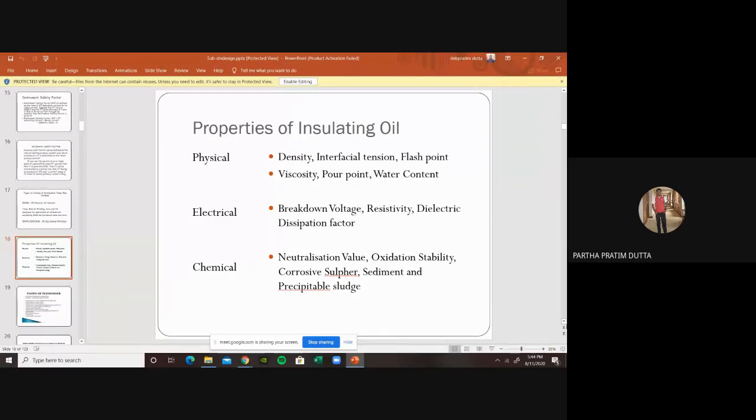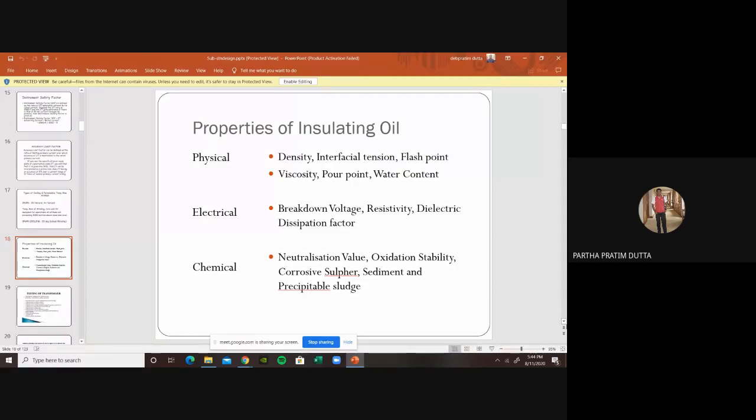In case of resistivity, it is expressed in ohm centimeter. Low resistivity indicates the presence of moisture in the oil. In that case, we have to refilter or reclaim the oil. Then comes the dielectric dissipation factor. It is basically the loss angle measurement; we usually do the tan delta measurement for it.